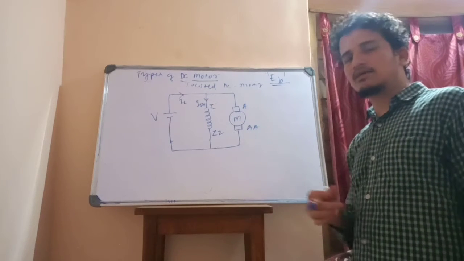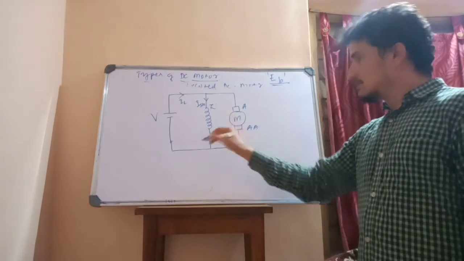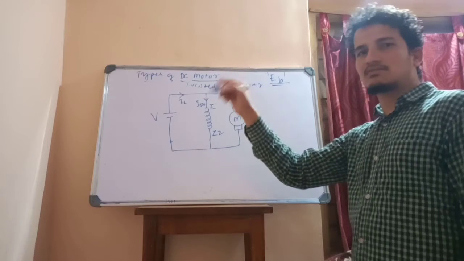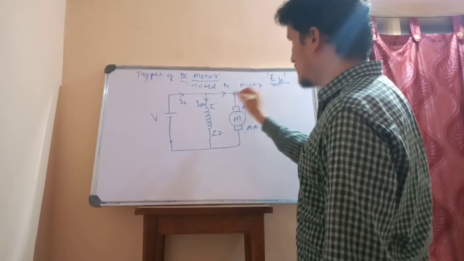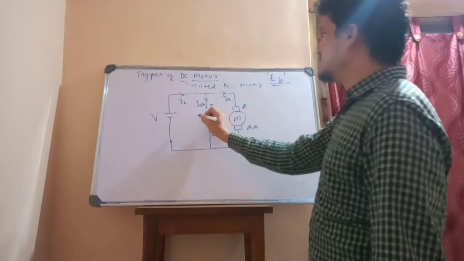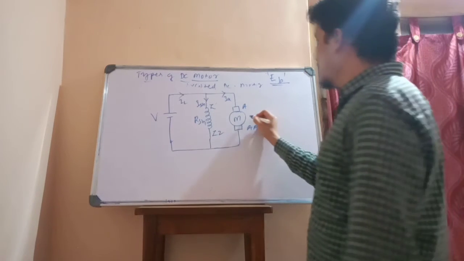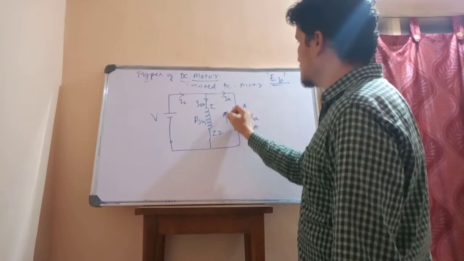I will mark it like that, ISH or IF, anything you wish, you write it, but this is a shunt motor, that's why I am writing ISH. SH stands for shunt current. So now this is IA, armature current. This is RSH. RSH means shunt resistance. RA is armature resistance.